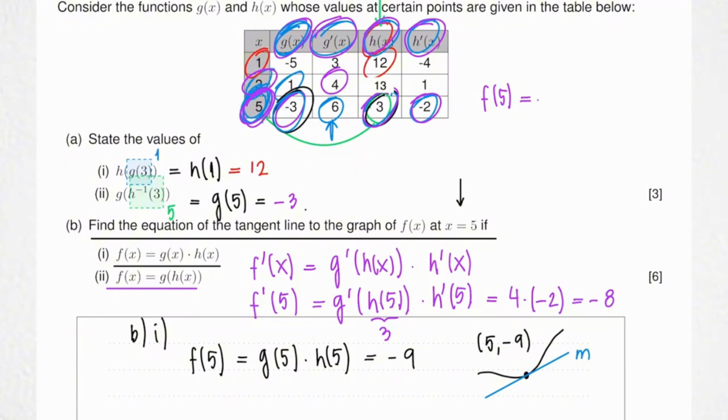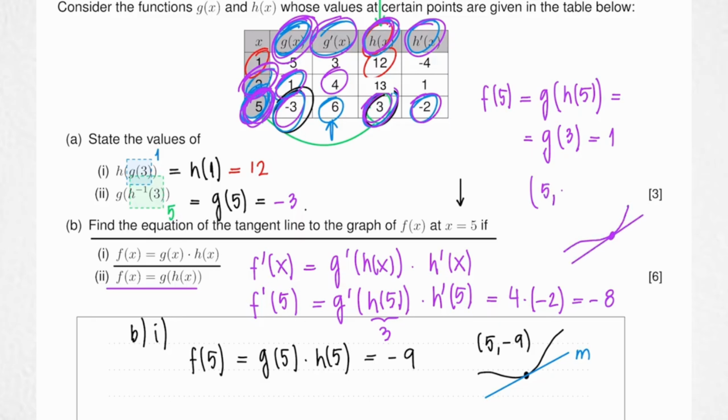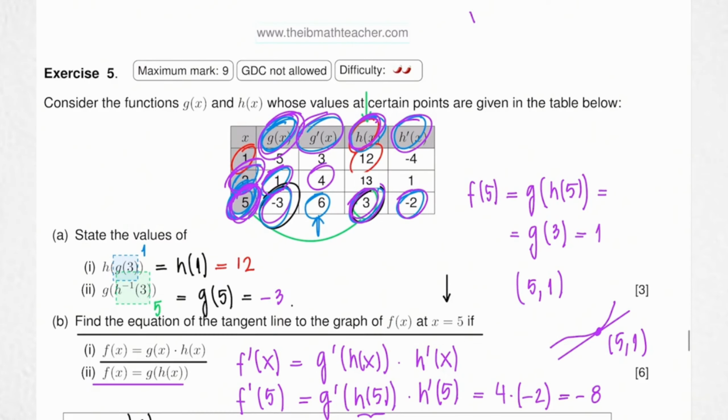F of 5 is g of h of 5, which is g of 3, which is equal to 1. Therefore, for this particular curve, the point of tangency is (5, 1). So we have y equals negative 8x plus b, and by replacing that point, we get b equal to 41. Therefore, the final equation is negative 8x plus 41.